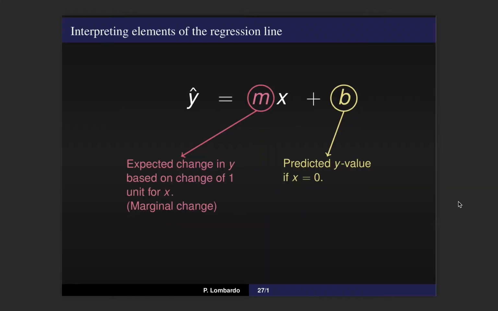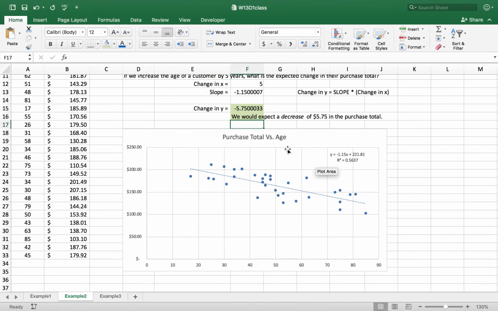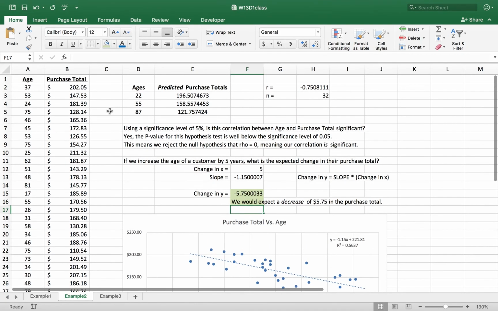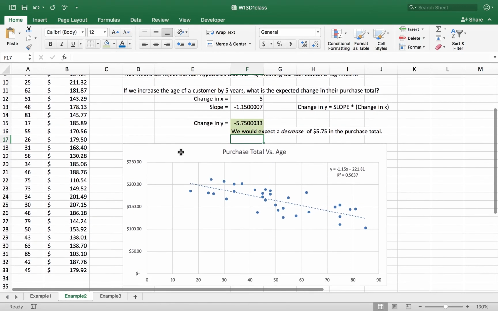The natural next question to ask is, all right, if I understand how the slope works, what kind of information does the intercept term give you? Well, the intercept, the y-intercept specifically for the regression line, is the predicted y value if your input is 0. Now, this may or may not be important information. What I want to do, just as an example, is consider our case over here of age versus purchase total.